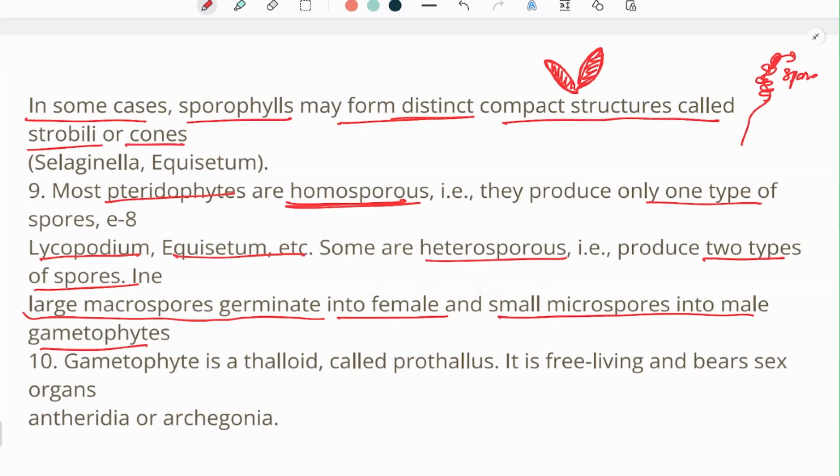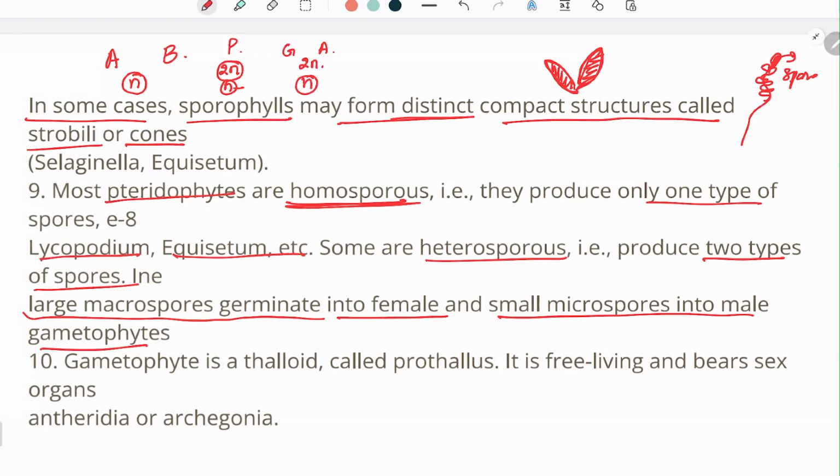We are seeing that first, in case of algae and bryophytes, the dominant one was gametophytic, that was N. In case of pteridophytes, the dominant is 2N, whereas the N is also an independent body, and the 2N is an independent body. In case of gymnosperms and angiosperms, we will see that the dominant plant body is 2N, that is sporophyte, whereas the N, the gametophytic plant body, is dependent on these two.